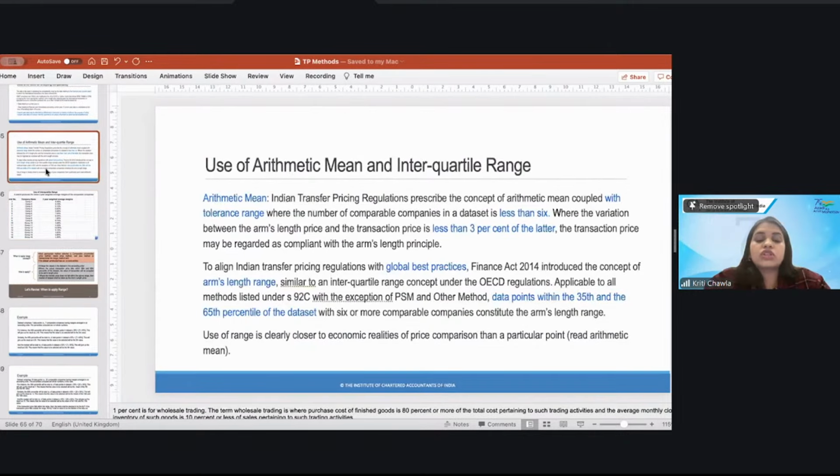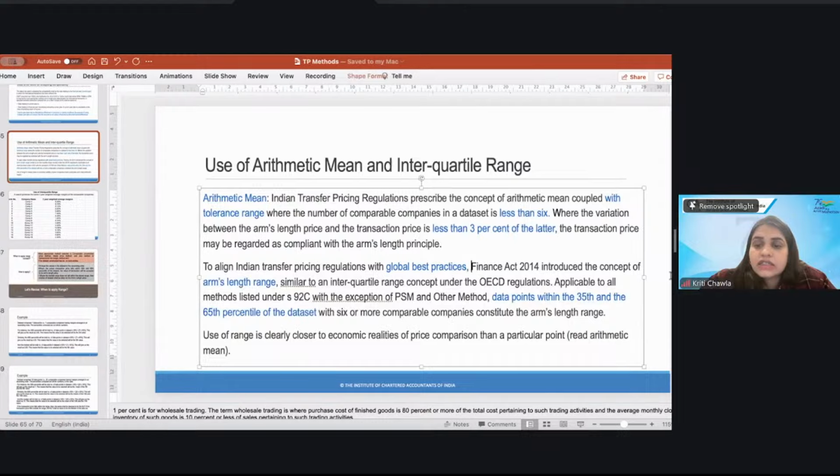Now going back to what the law basically says. This is the Finance Act 2014 that introduced the concept of arm's length range. It's more like the interquartile range, and the interquartile range was always there in OECD.